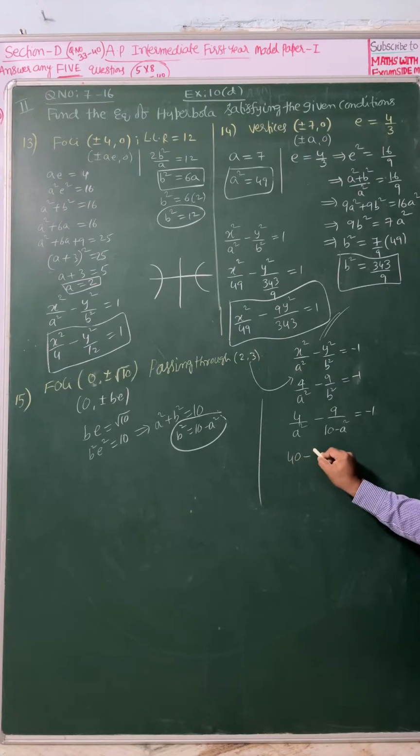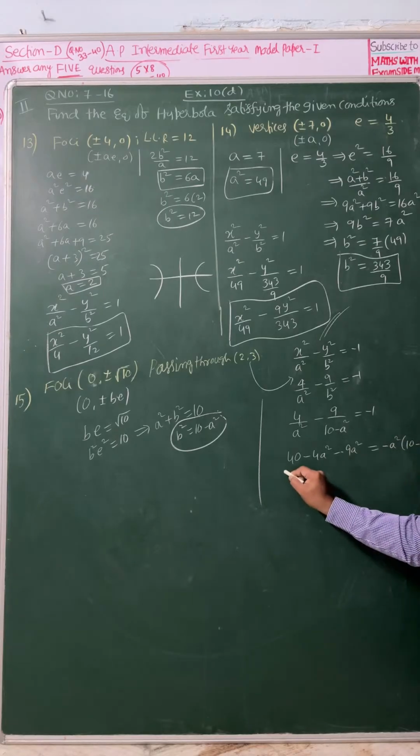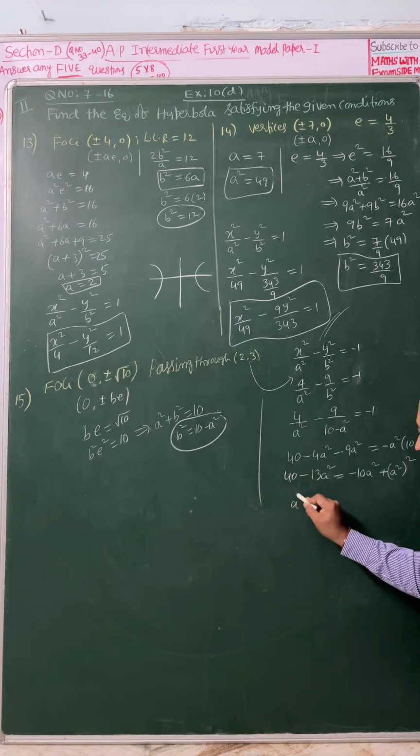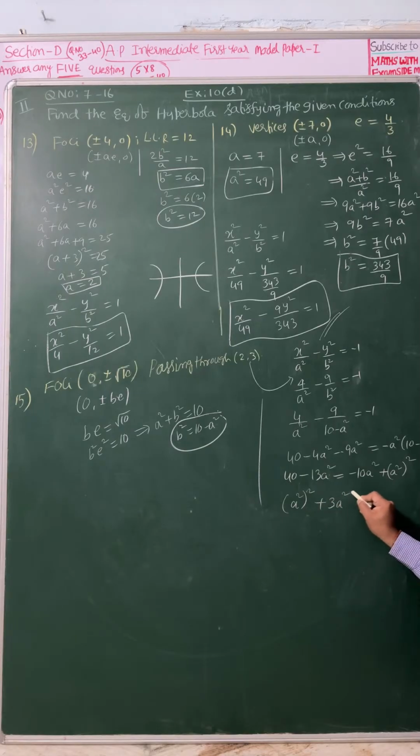So 40 − 4a² − 9a² = −a²(10 − a²). So 40 − 13a² = −10a² + (a²)². Bring these values to this side: (a²)² + 3a² − 40 = 0.